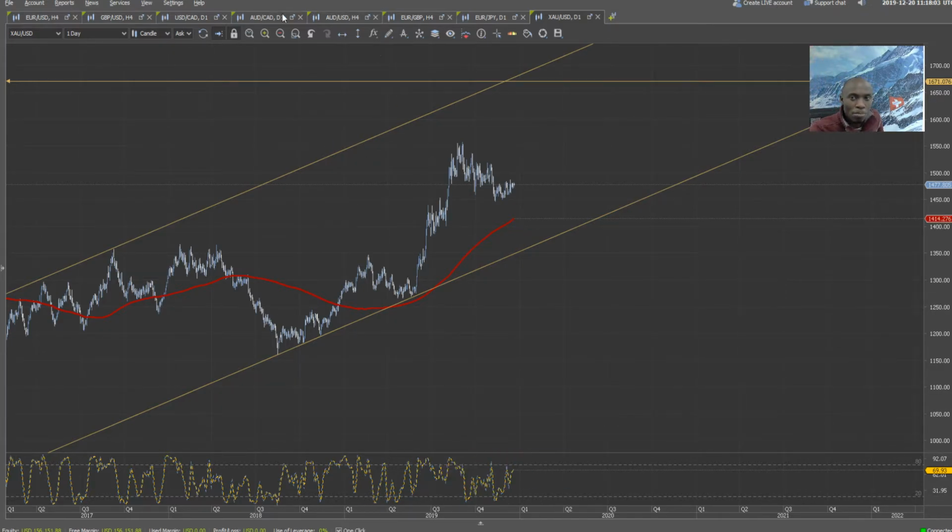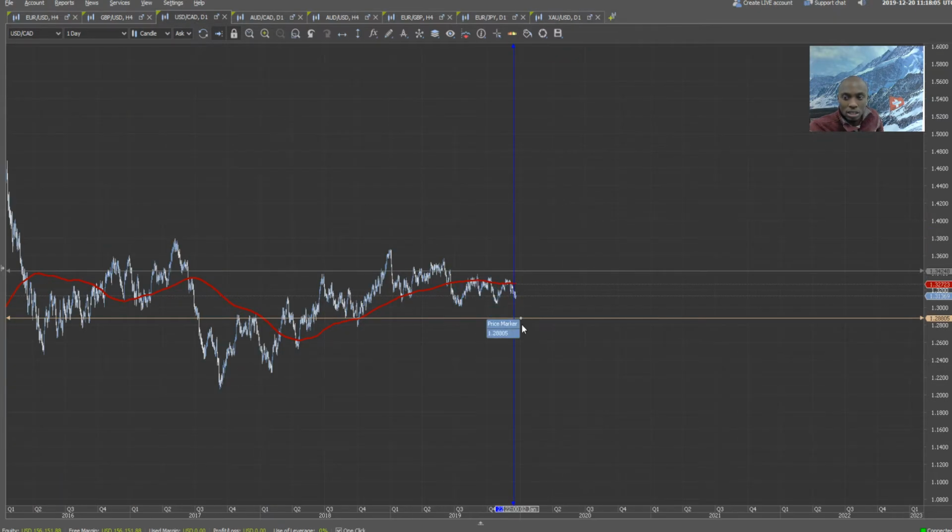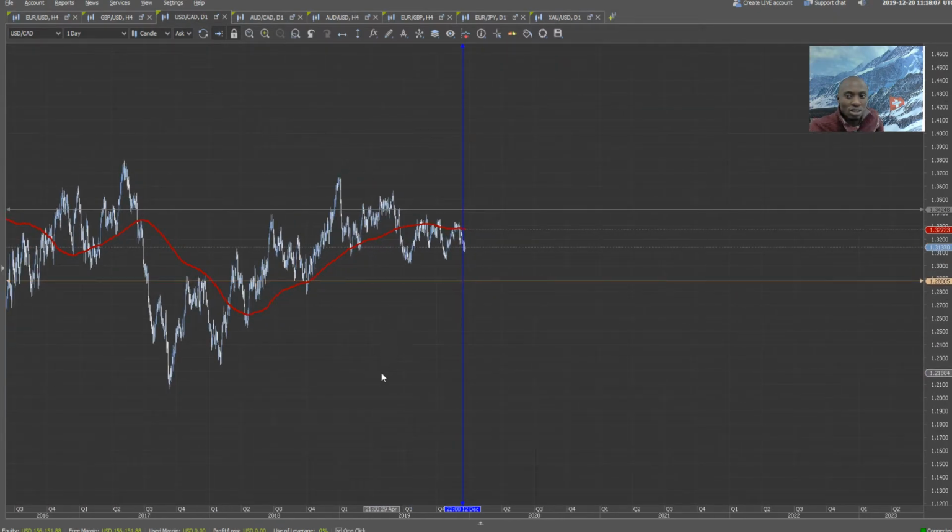The same applies when the price is going downward. If the price is going downward, you don't want to continue trading against the trend. So that's how it works. You trade in conjunction with the trend. When it's overbought and the trend is a downtrend, what do you do?